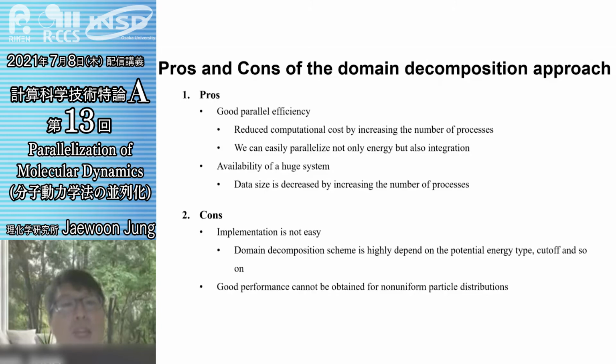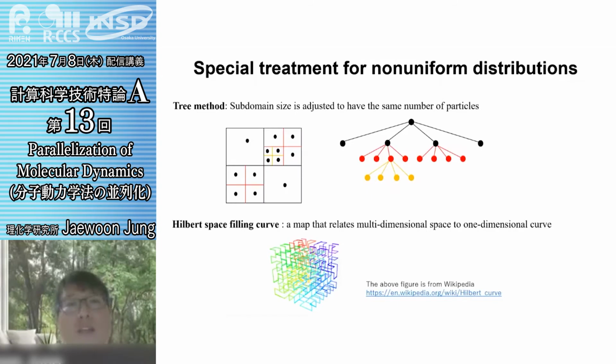And in some cases, the particle distribution is not uniform, and good performance cannot be obtained without a good load balance scheme. And for such non-uniform particle distributions, there are several methods.